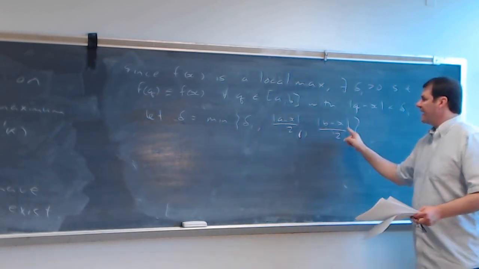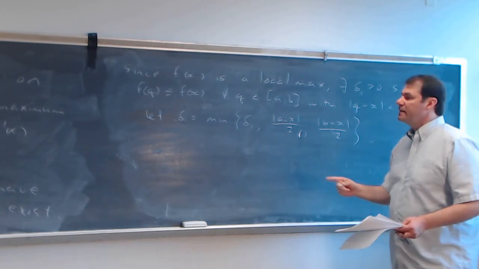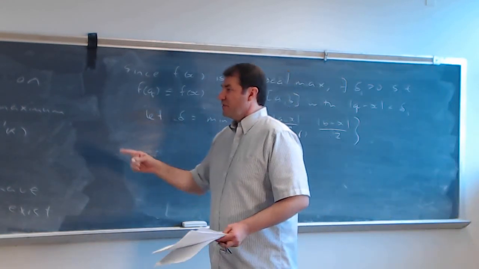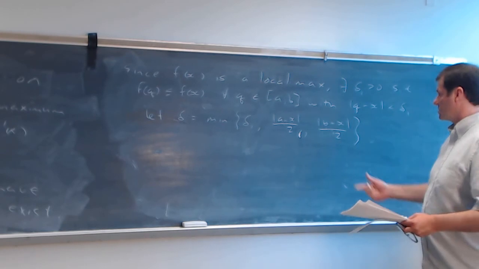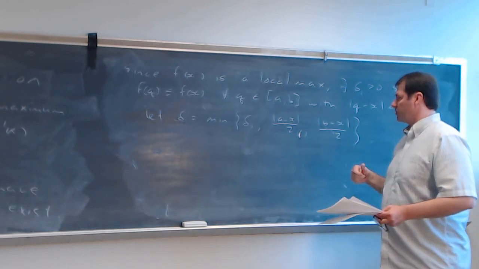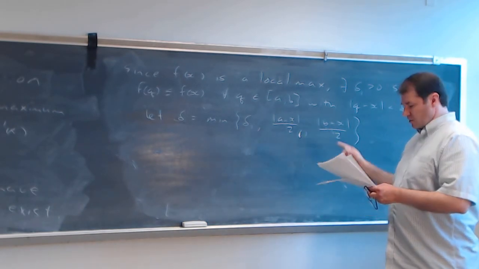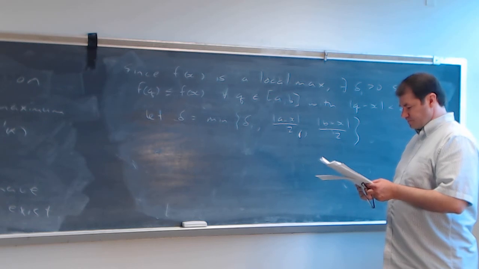And these values can't be 0, because x is in the open interval, meaning that x cannot be equal to a or b. So we let delta be that point.